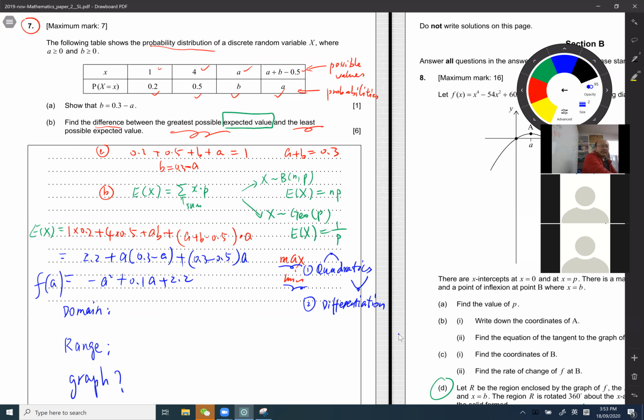What's the domain? What conditions on A?